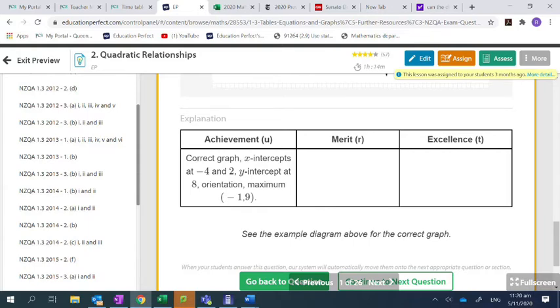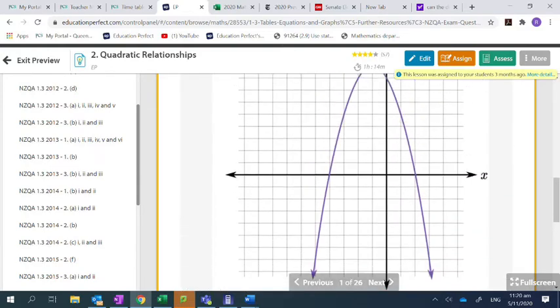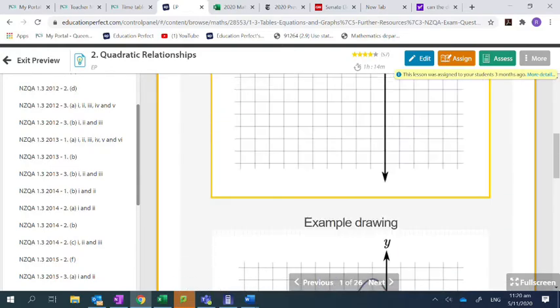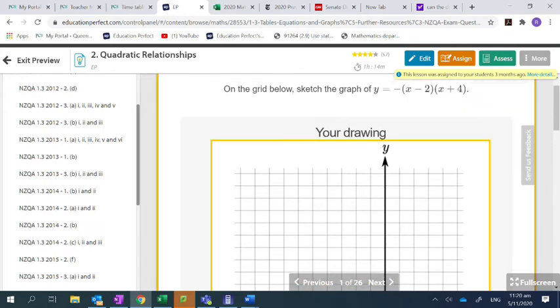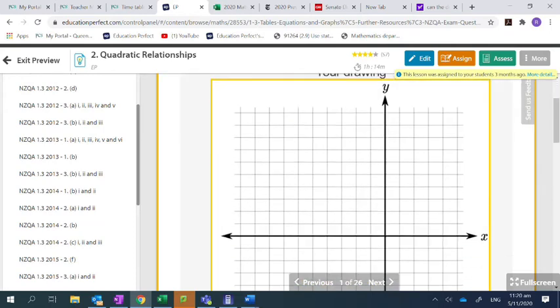Wait a minute. They want the maximum. All right. Come on, guys. Let's back up a little bit because they do want the maximum, so they want to know how high it's going. That's not a sketch. That's a drawing. But remember that at the vertex, vertex means the turning point, right?